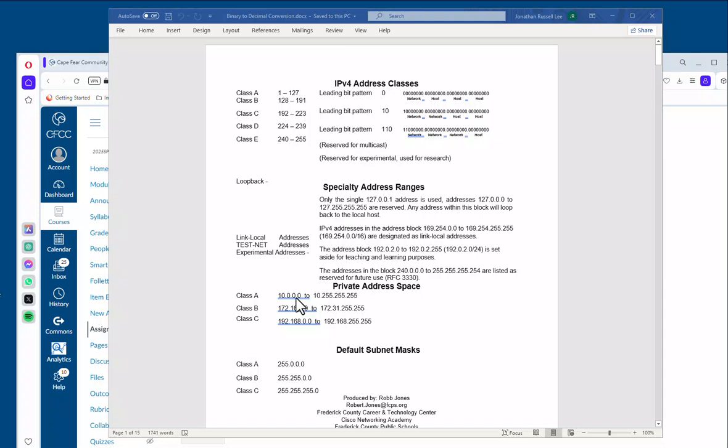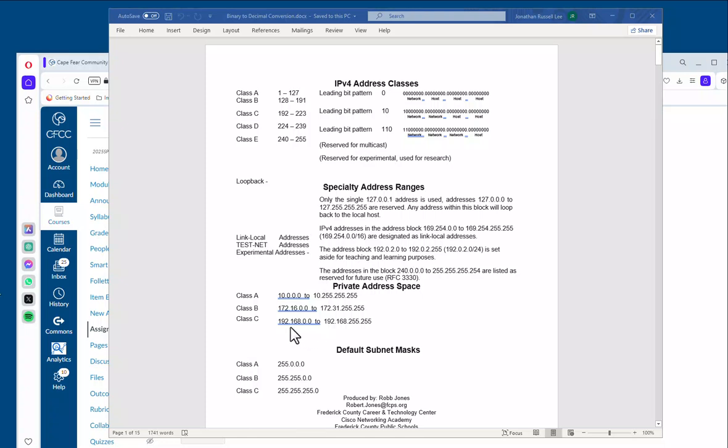When we go out on the internet, we have to have public IP addresses. Those are different. There's also a private Class B and a private Class C, and the Class C is the one that you probably are familiar with from your home network. Most routers and switches that you buy off the shelf are going to default to a Class C address, and it's typically going to be like 192.168.1.0 or maybe .2.0.